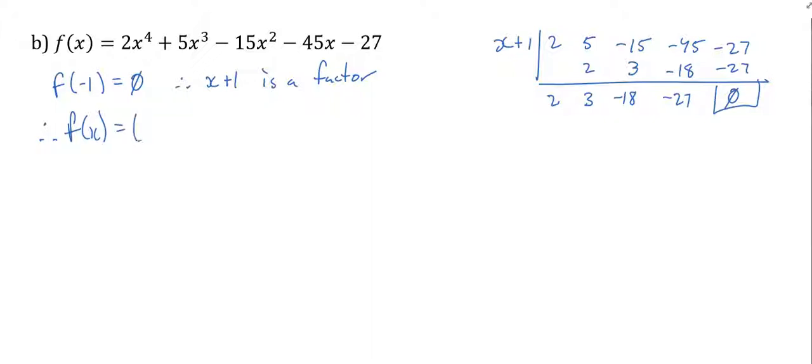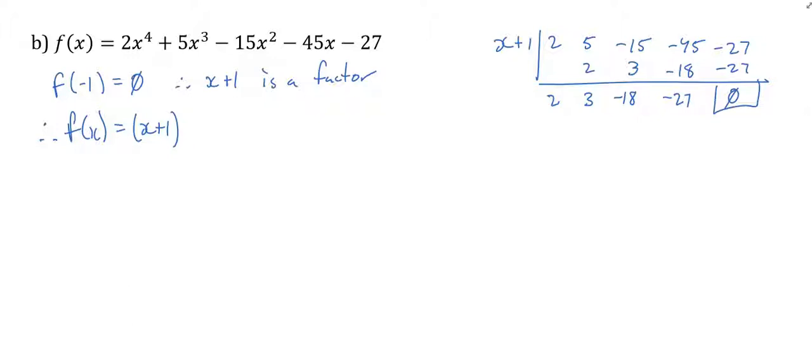Isn't it? Wait. What's wrong? Isn't it negative? Negative 2? I don't think so. 2 times 1 is positive 2, isn't it? Wait, it's x plus 1? Yeah.